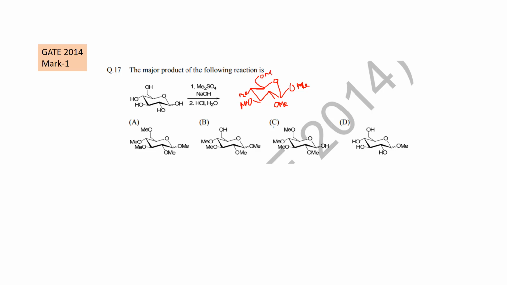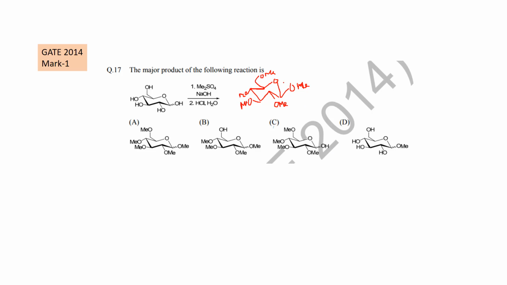Now if you add HCl and H2O, then it will deprotect the ether again. In presence of acid, the ether will be deprotected, but HCl is not that strong to deprotect all the methyl centers. In that case, only the anomeric OH will be deprotected.